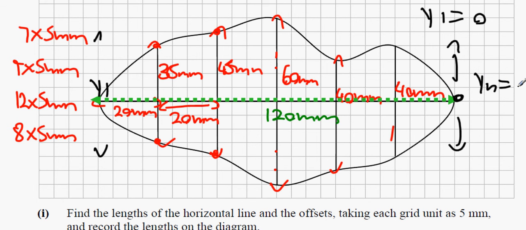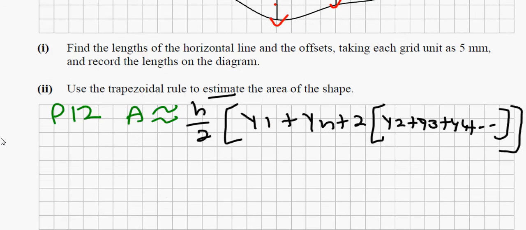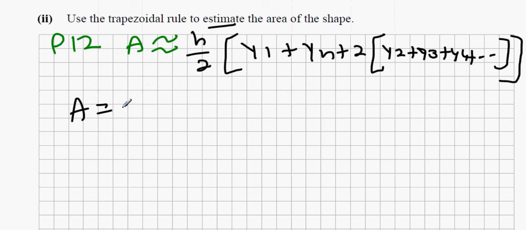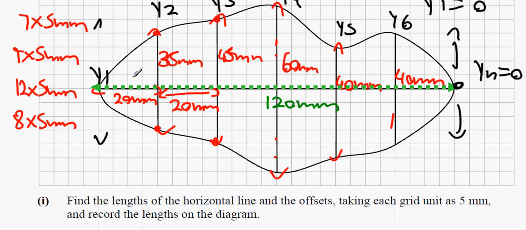Okay, this one here is y2, y3, y4, y5, y6. Okay, so now that we've done that, the area is h over 2. Now h, ironically enough, isn't the height. It's actually the distance, and once again it'll tell you in the graph that h is the distance between your intervals, right? So it's 20.